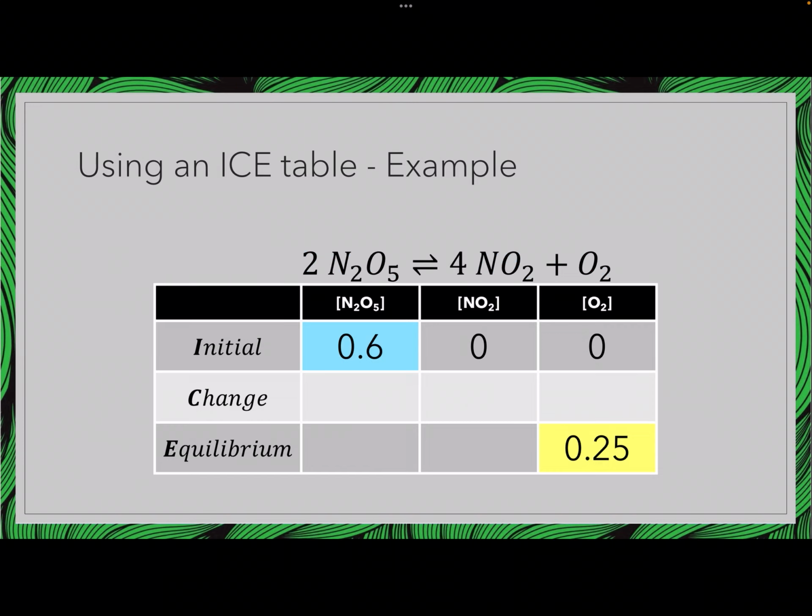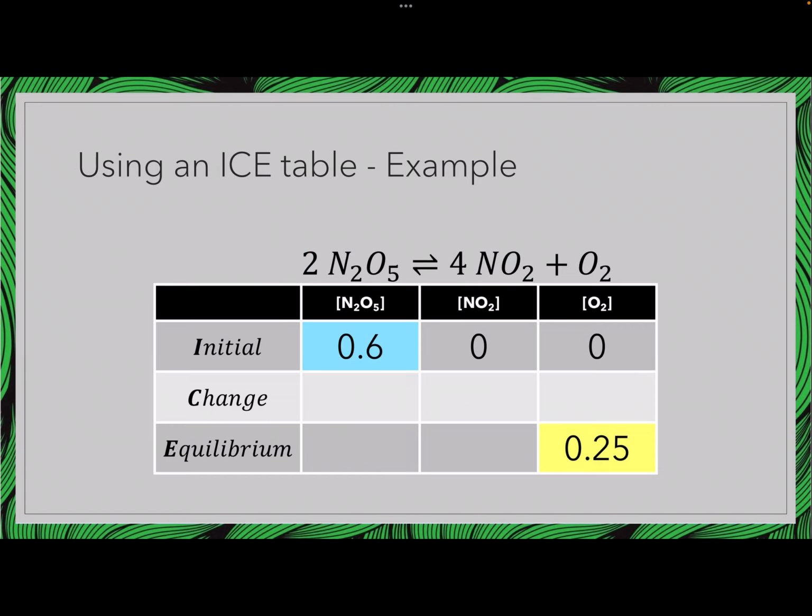If we then have one of the changes, we can apply it to the other changes. So if O2 goes up by 0.25, it stands to reason that NO2 will go up by plus 1 because it's going up by 4 times the number of moles. And if those two are going up, our N2O5 is going to be going down.